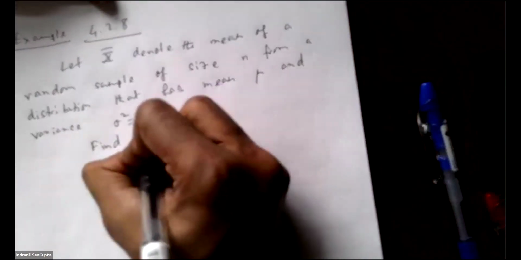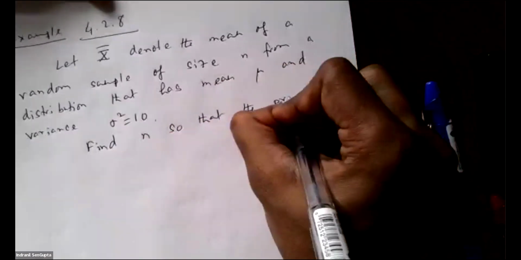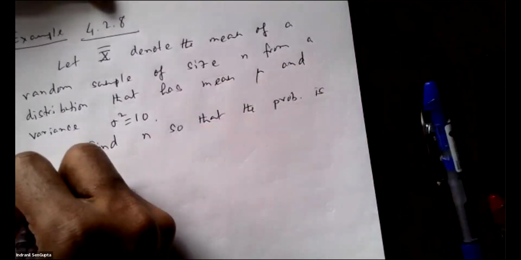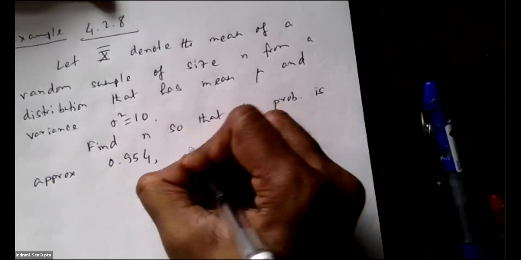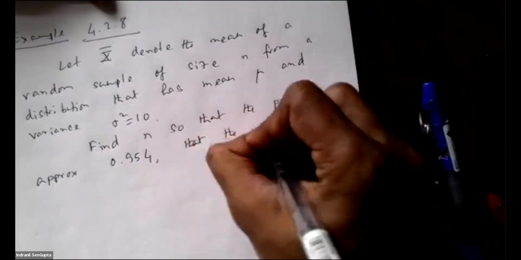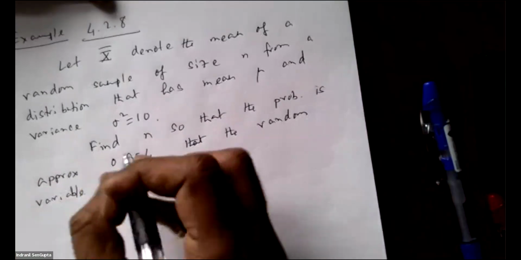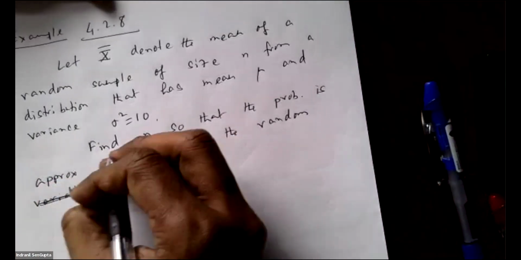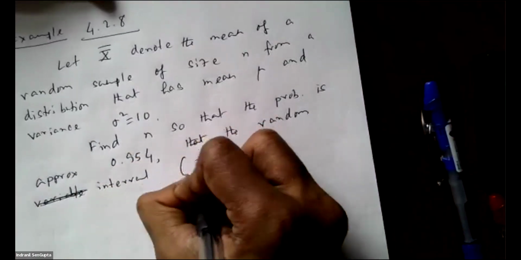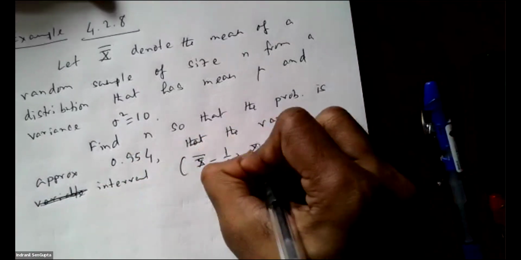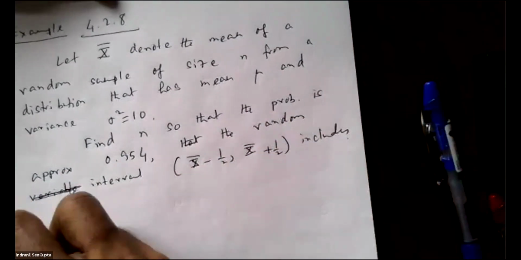Find n so that the probability is approximately 0.954 that the random variable, or random interval, x bar minus 1/2, x bar plus 1/2 includes mu.